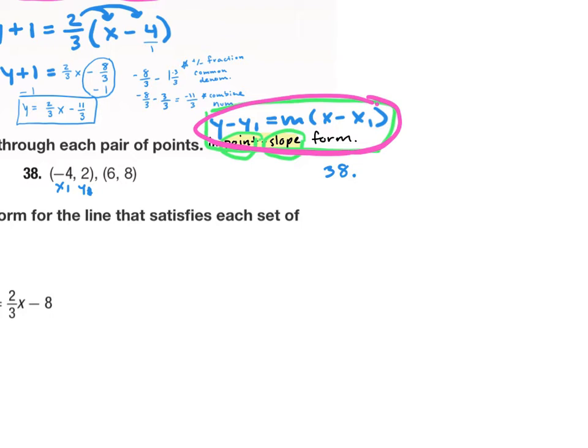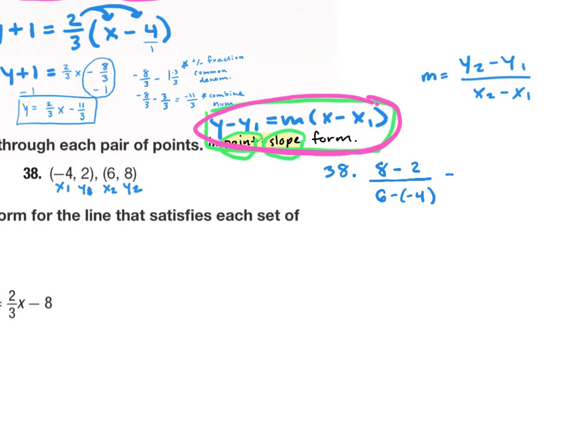What's our x2? And what's our y2? Perfect. So we have our x1, y1, x2, y2. We plug it into our slope formula. Our slope formula is y2 minus y1 over x2 minus x1. So we have 8 minus 2 over 6 minus negative 4.